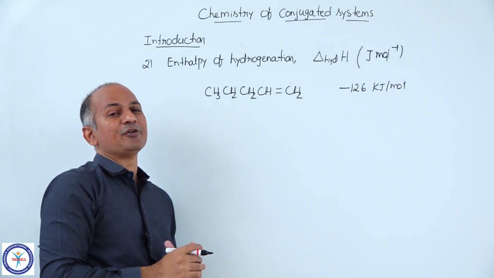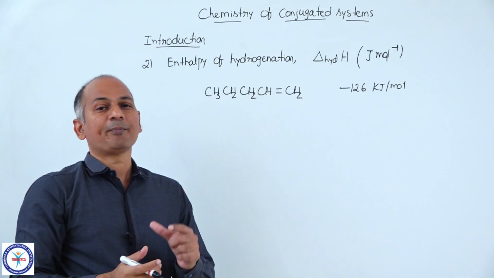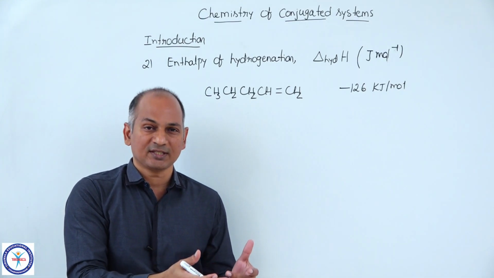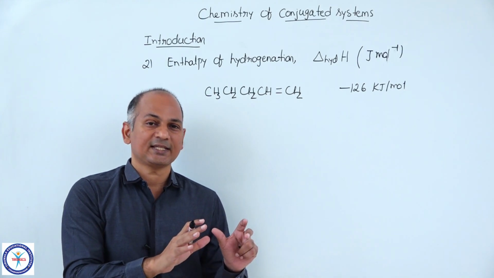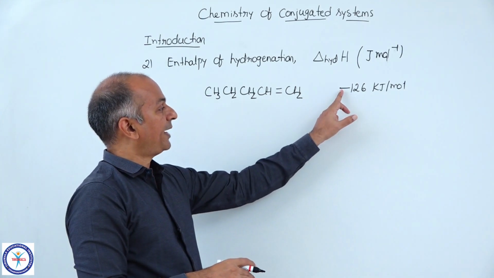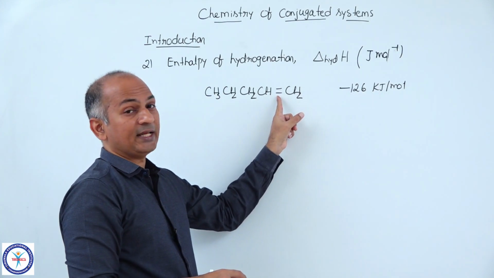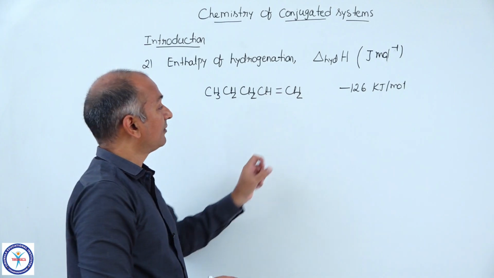Generally, enthalpy of hydrogenation is negative. You break one pi bond and form 2 sigma bonds, so more energy is released. So generally it is exothermic. So it is minus 126 kilojoules per mole, the value for 1-pentene.